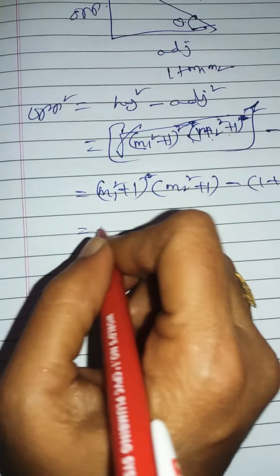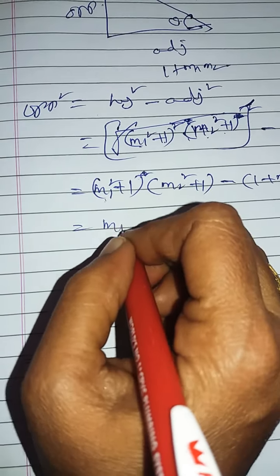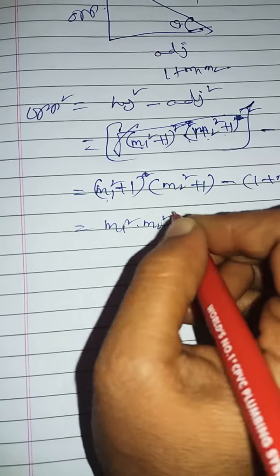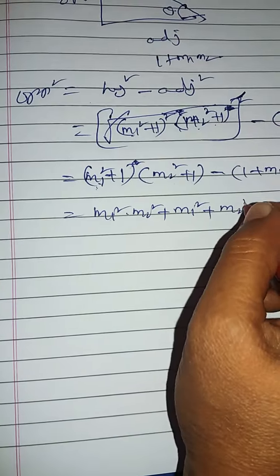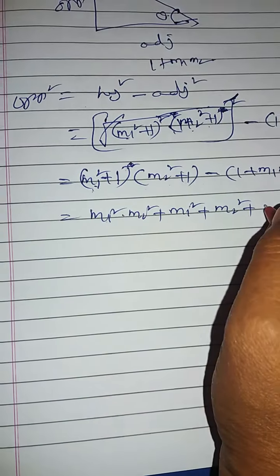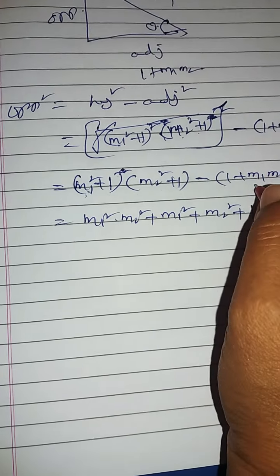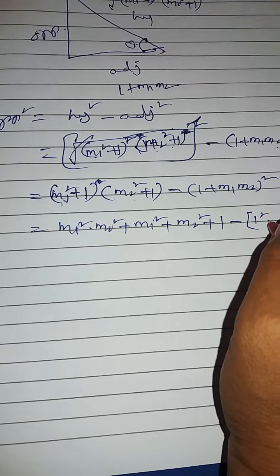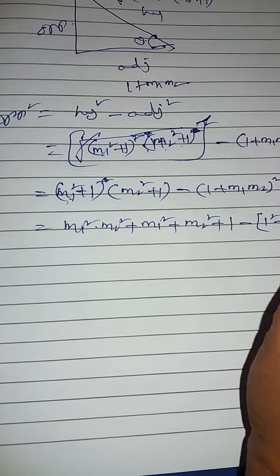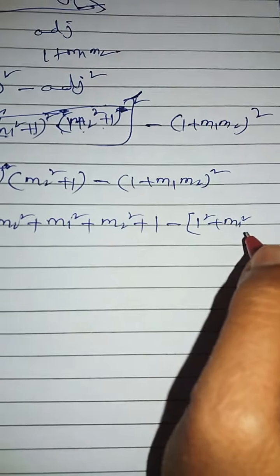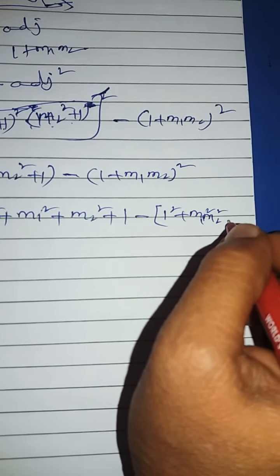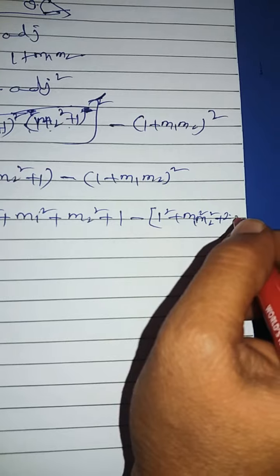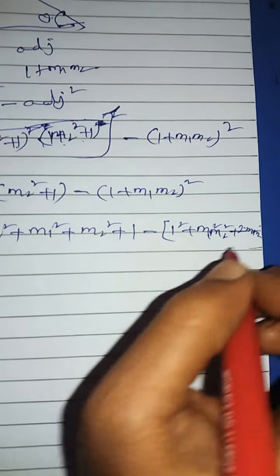Now open this bracket. m1 square into m2 square, m1 square into 1 is m1 square, plus 1 into m2 square is m2 square, plus 1 into 1 is 1, minus a plus b whole square form: a square plus b square plus 2ab, 2 into 1 into m1 m2.